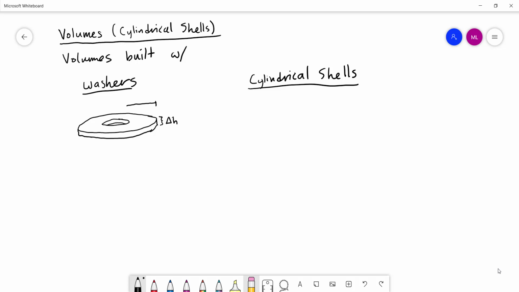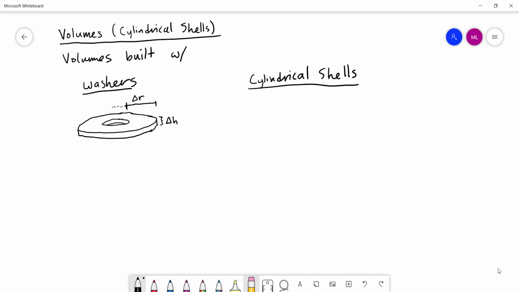I really want to think about it as the distance here. This is the distance from the inside hole to the outer edge of our washer. You could think of it as a delta R if you want, a change in radius from the inside to the outside. So this was our disc or washer.